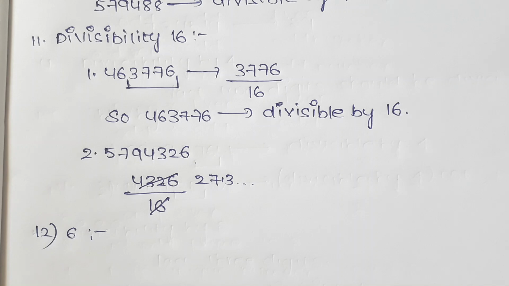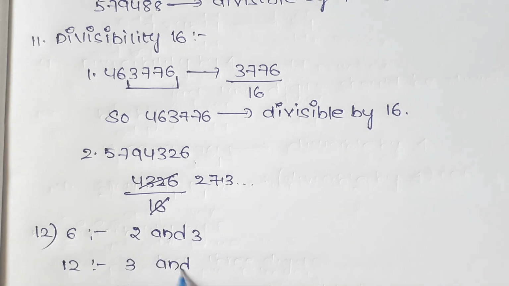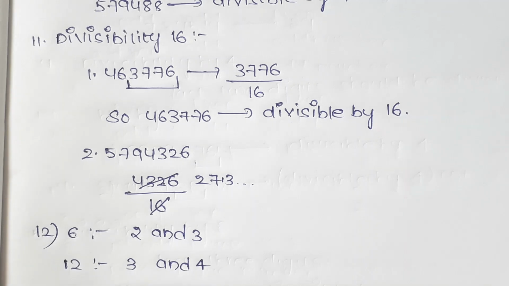Now let us see divisibility of 6, that is a number will be divisible by 6 when the given number is divisible by 2 and 3. These are very simple. And similarly, a number will be divisible by 12 when the given number is divisible by 3 and 4. And the next one is 15.